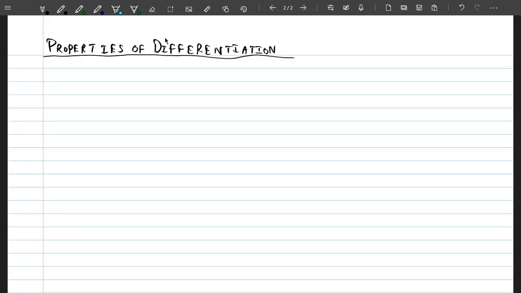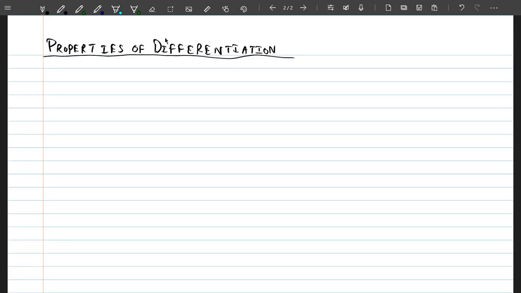So luckily, we have some properties of differentiation that enable us to differentiate these kinds of complicated functions, or actually composite functions and products of functions, without going back to first principles every time. So let's look at some of those.